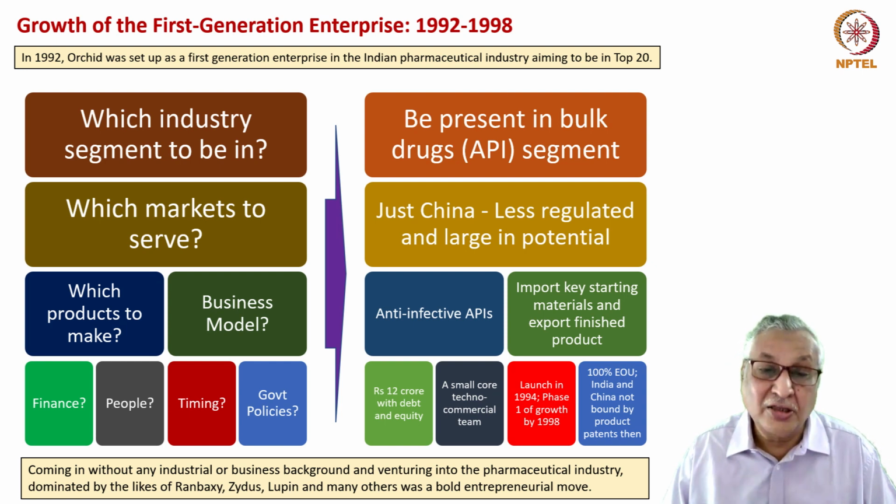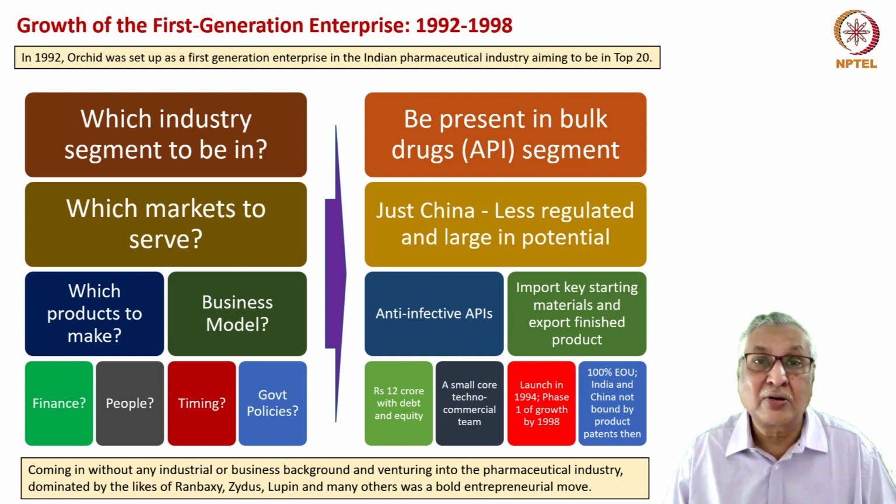And how do you start the business? What business model would you adopt? Import key starting materials and export the finished product. How much finance is required? Just rupees 12 crore with debt and equity in today's terms. But at that point of time, it was a significant investment for a first generation enterprise.